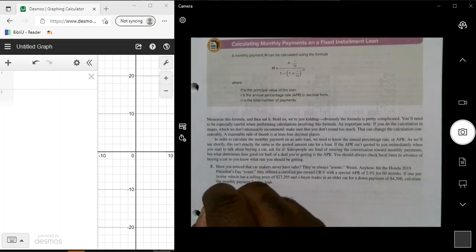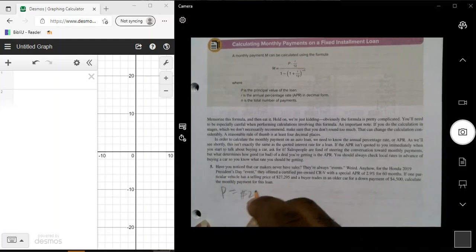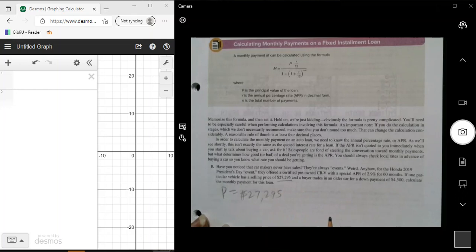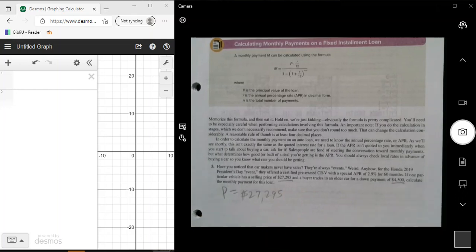All right, so we have P, the principal is $27,295. Now, this is how much the car actually costs. But to get the actual principal, we're going to have to subtract the 4,500.